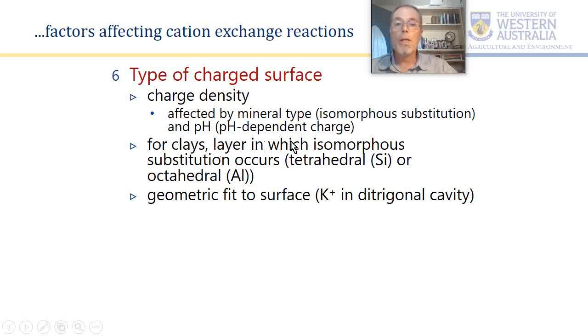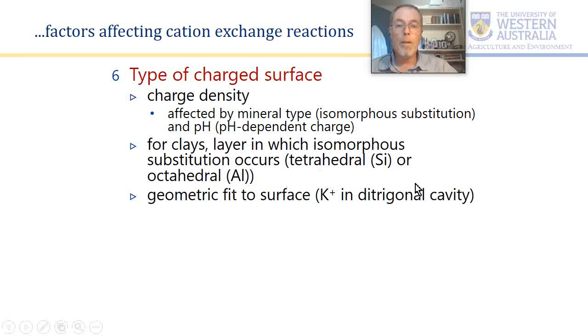So for clays, if the layer in which the isomorphous substitution occurs is the tetrahedral layer, that is close to the surface of a 2-to-1 clay crystal, the attraction can be much stronger. In fact, in some cases, like the illite clay, it is strong enough to make the layers non-expanding.